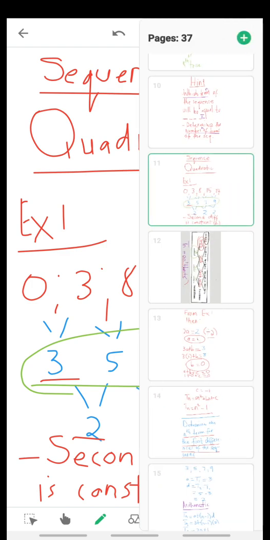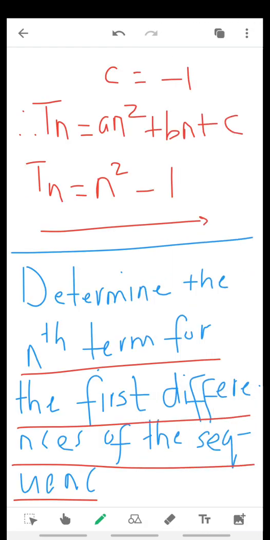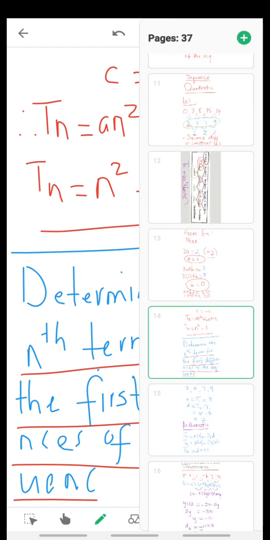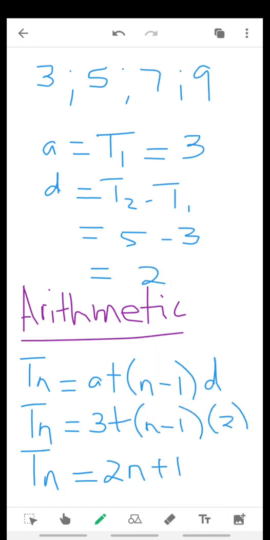Okay. Remember, I said to you, the first difference will form the arithmetic sequence. It will form a linear pattern on its own. So that means we can use our Tn equals a plus n minus 1 times d. Right.